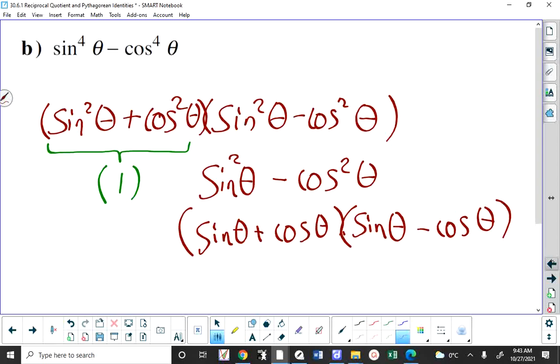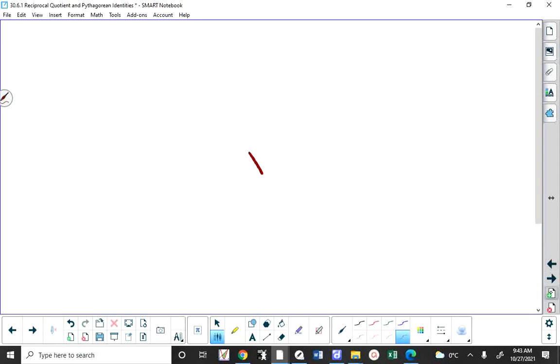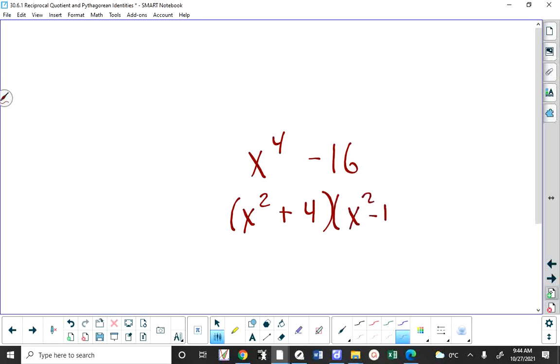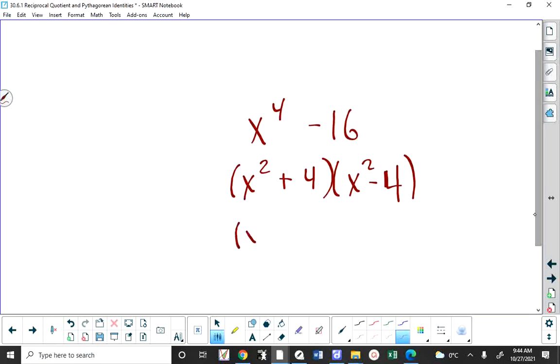This is like in Math 10 and 20, where you're given stuff like x to the 4 minus 16. You factor it as a difference of squares. And then you say, wait a minute, x squared minus 4 is again a difference of squares. So you get x squared plus 4, and then you have x plus 2, x minus 2.